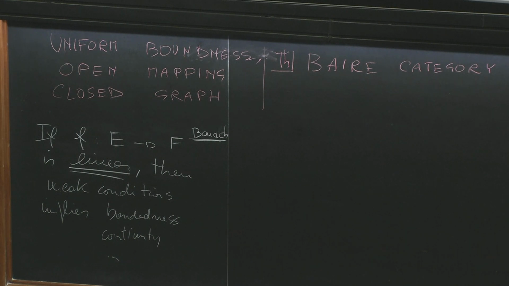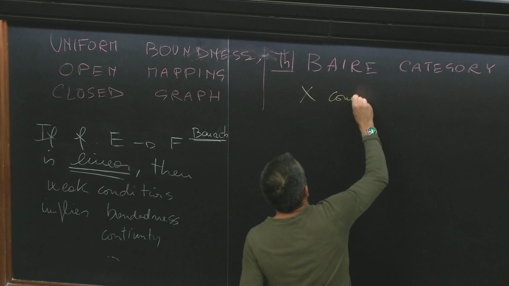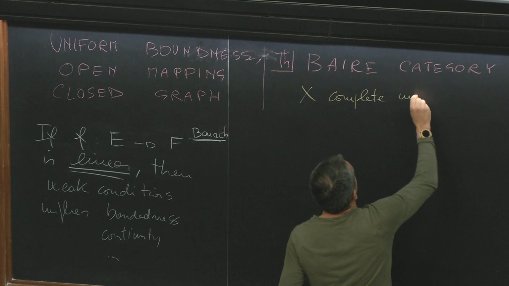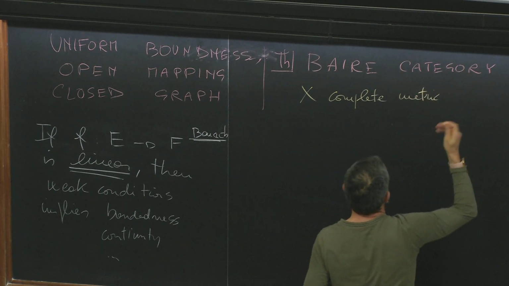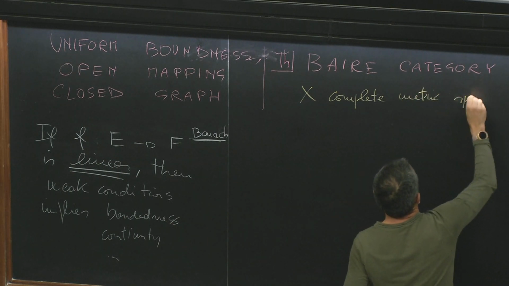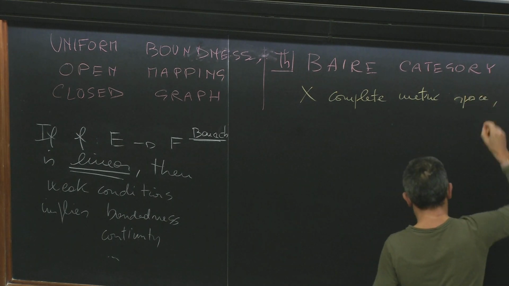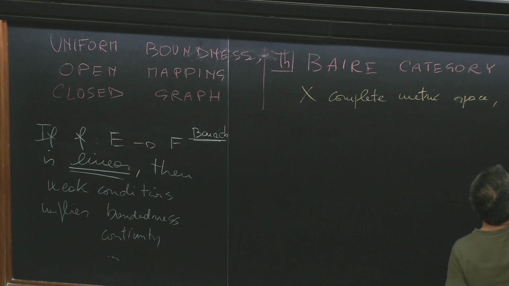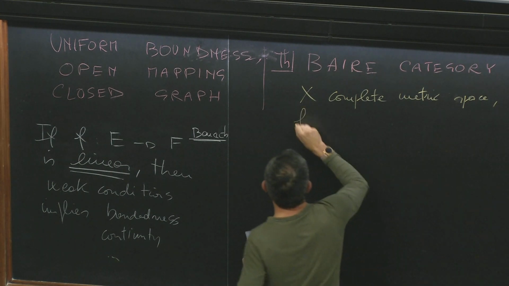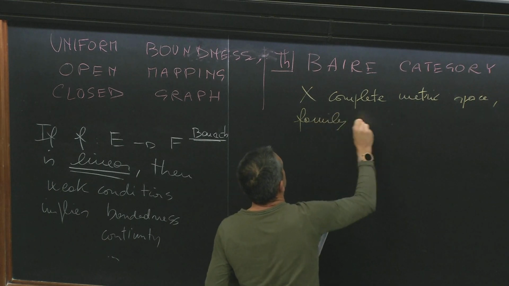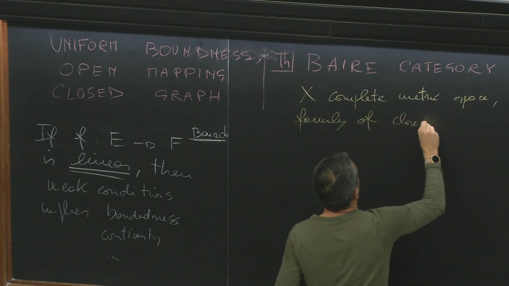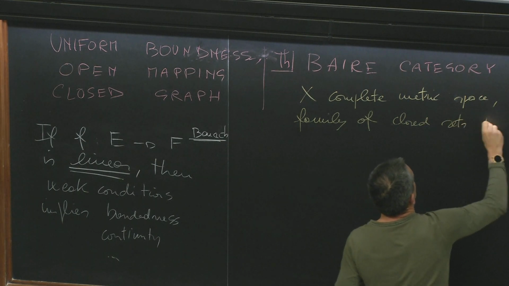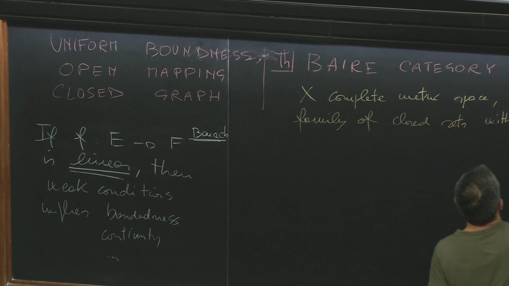So, X is a complete metric space. I think you have already seen it in real analysis. And Xn is a countable family of closed sets with empty interior.